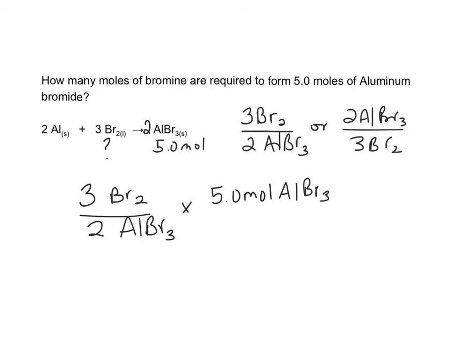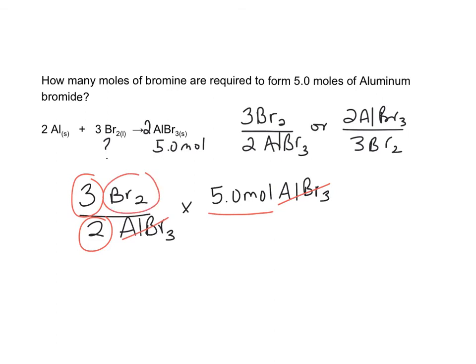Because aluminum bromide is on the bottom of the first ratio and on the top of the second number, your units will cancel. We're left with 5 moles and 3 Br2.